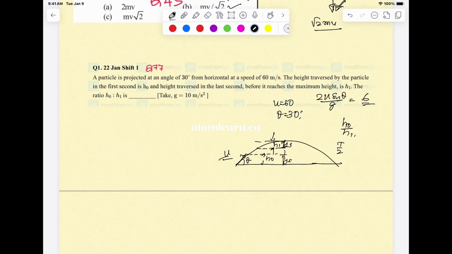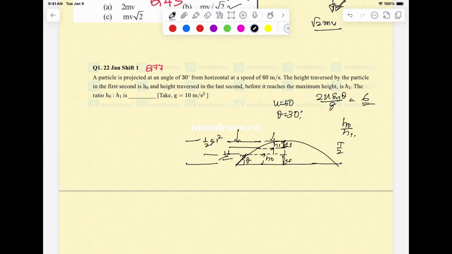Out of which the first second is here, the last second is here, which means what is the ratio of the height in this. Now look at it from the top. This is equal to half g into 1 squared. And then look at it from the third second.